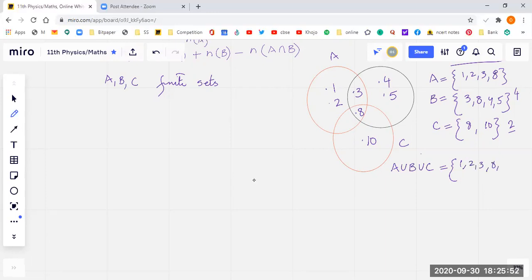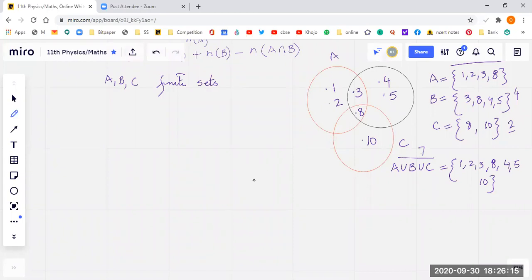Now see the elements of B, but make sure they are not getting repeated from A. 3 and 8 are repeating, so I will not write 8. 4, yes, 4. I can take 5 also. Then from C I will take 10. So how many elements are there? 1, 2, 3, 4, 5... I think 7. Is it right?